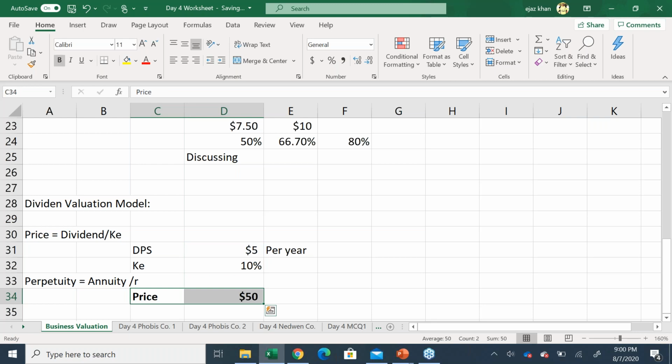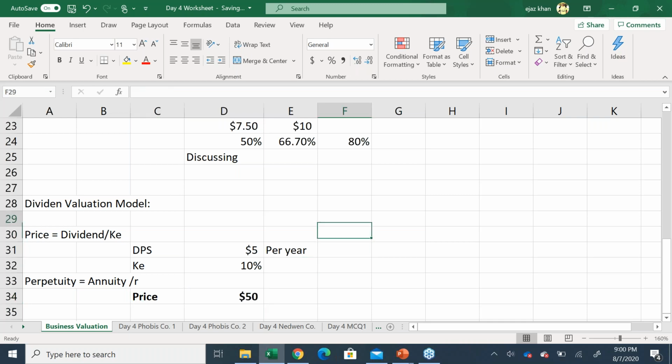The dividend valuation model or the PE ratio model, these are theoretical models, especially the dividend valuation model. So the share price of this company predicted by the dividend valuation model is going to be $50.